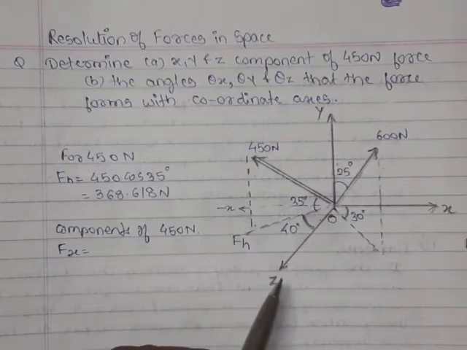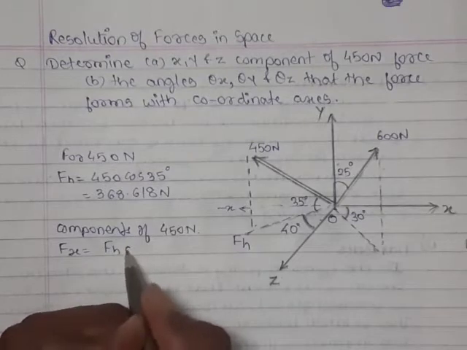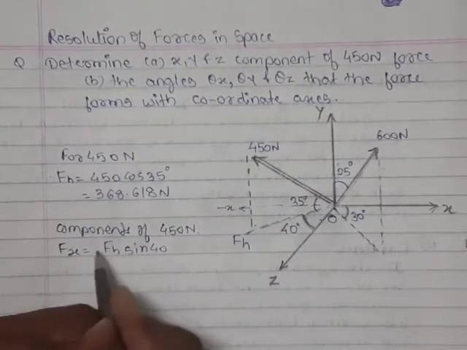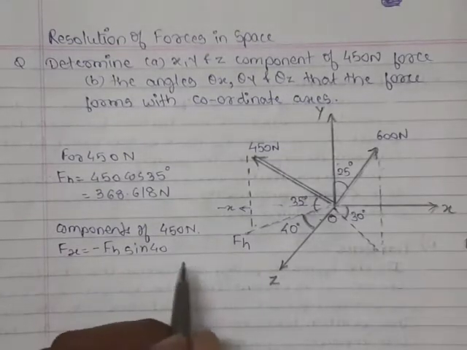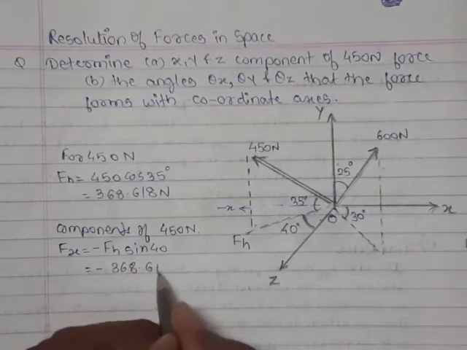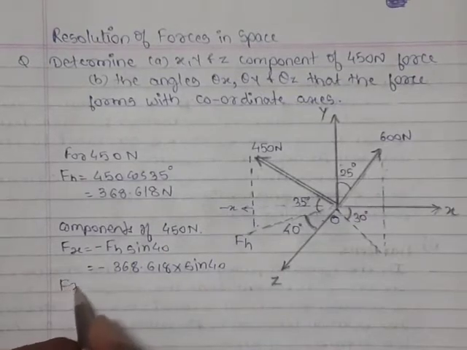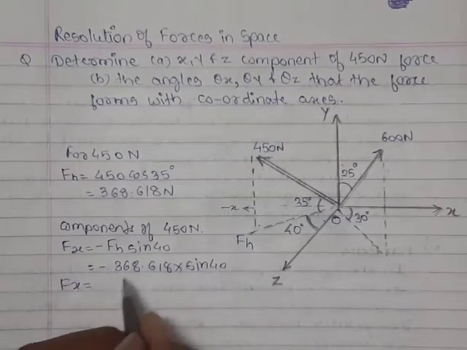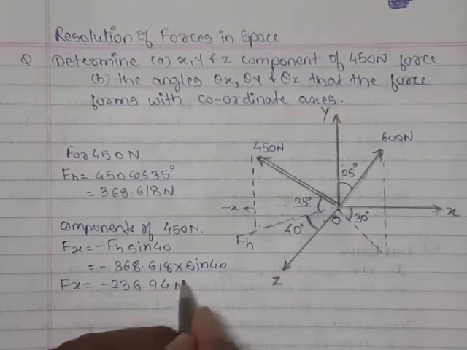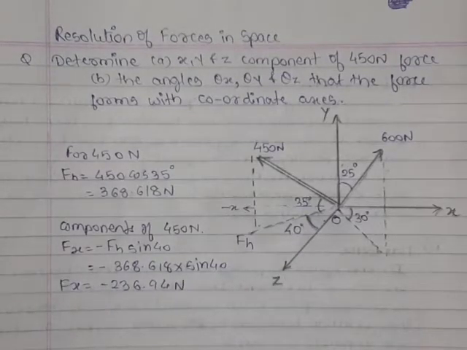It is acting towards the negative x axis, so we write FH sine 40, and since it is acting towards the negative x axis, this will be the minus component. So it will become minus 368.618 into sine of 40. Finally we get the value of Fx equal to minus 236.94 Newton. This negative sign denotes that the x component is acting towards the negative x axis.